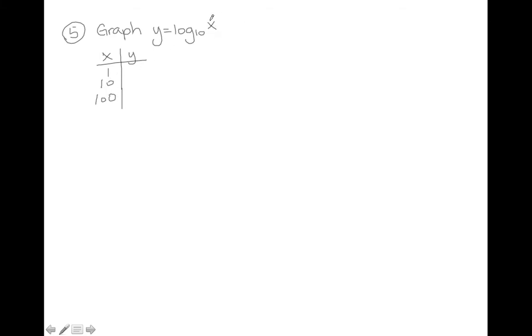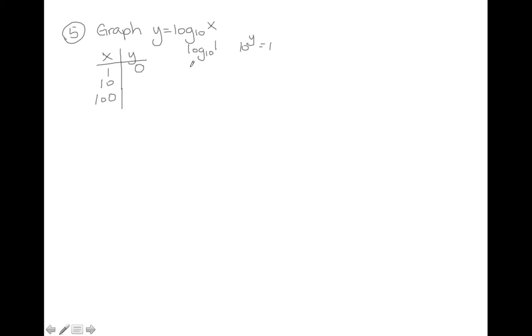So if I plug in 1 right here, that's saying log base 10 of 1. So in other words, 10 to what power gives me 1 as an answer? That would be 10 to the 0 power.